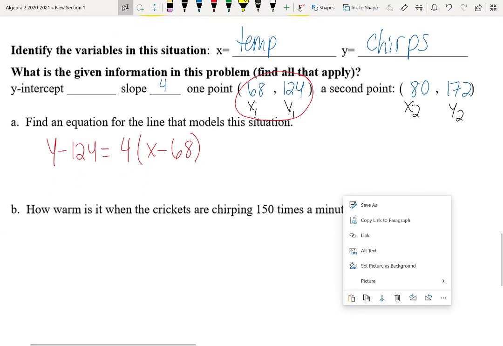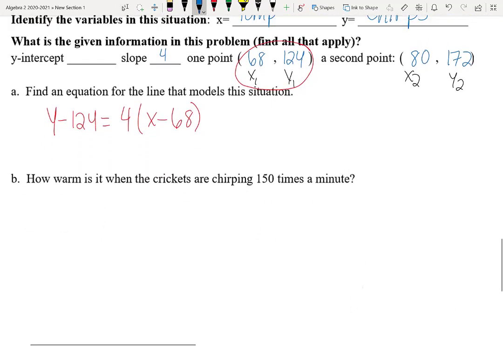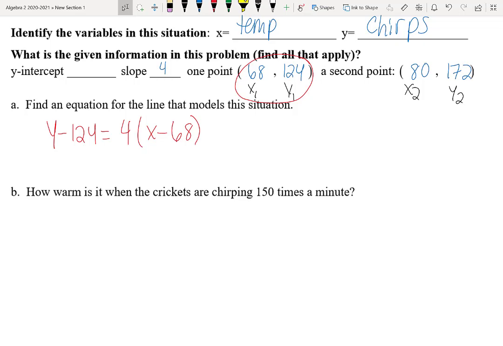Now for part B, they're asking us to identify what's the temperature outside if we know that the crickets are chirping at 150 chirps per minute. So now this one, my chirps per minute is my y value. So we'll be plugging in 150 for y, and then just solving from there. So 150 minus 124 is 26, equals, I'm going to go ahead and distribute my 4 into this parenthesis just to simplify the next step of the process.